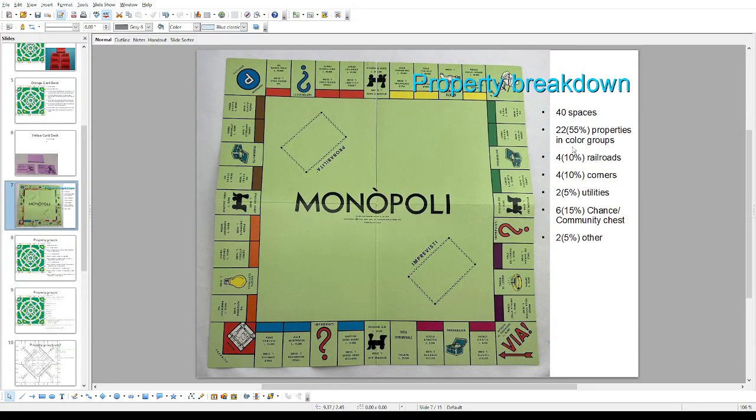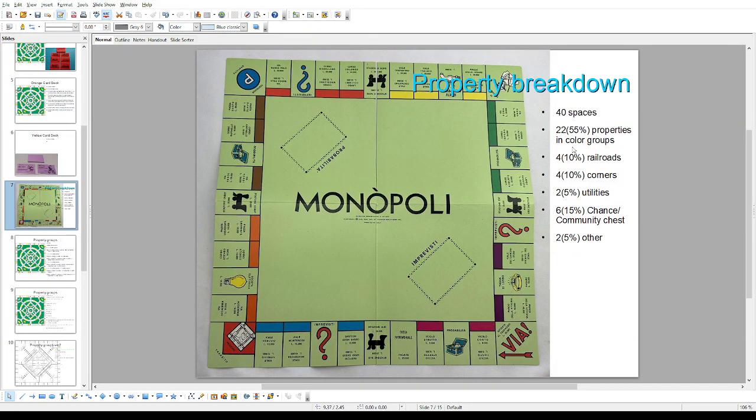The reason I'm converting this to percentages is that it makes it easier to compare when you have disparate numbers. Okay. Railroads. There's 4 of them, 10%. 4 corners, 10%. 2 utilities, 5%. 6 chance / community chest things, which 15%. And 2 spaces other than any of the previously listed categories, which is 5%.